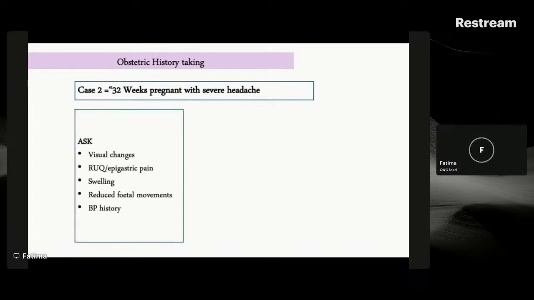So in terms of the questions we'd ask, start off by asking about visual changes, any visual disturbances. By the way, when we say what questions to ask, remember you're doing the full obstetric history, but in terms of the systemic and the FRAB screen, these are the particular things to highlight and pick up on.